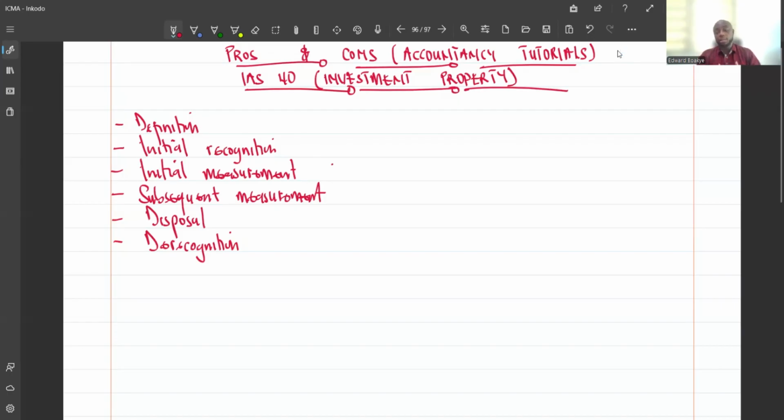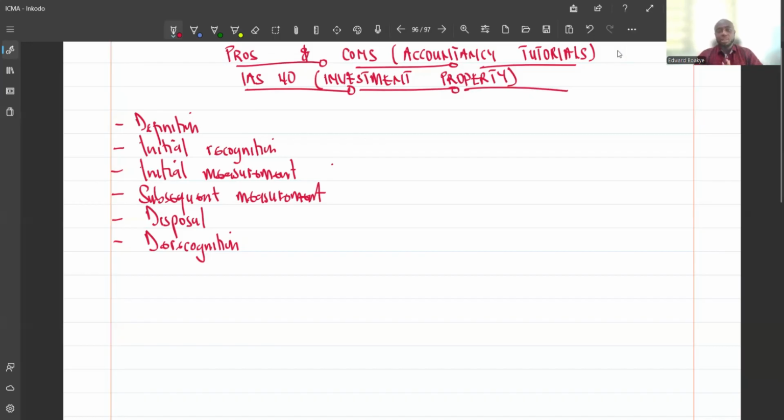So for you to be able to recognize it as an asset in your financial position, these two criteria should be met. And that is future economic benefits should be able to flow from the asset to the entity, and we should be able to measure the cost of the asset reliably. So that is the initial recognition, same as we said for IAS 16, property, plant, and equipment.